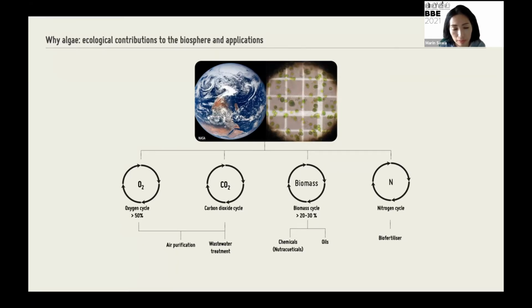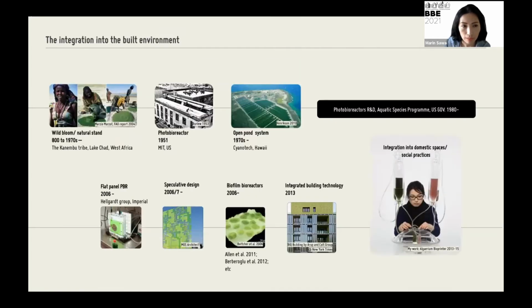However, except for nutraceutical and some chemical productions, these applications have not reached commercialization, mainly because it's very expensive to grow algae, and the costs involved do not justify agrobiotechnology applications.